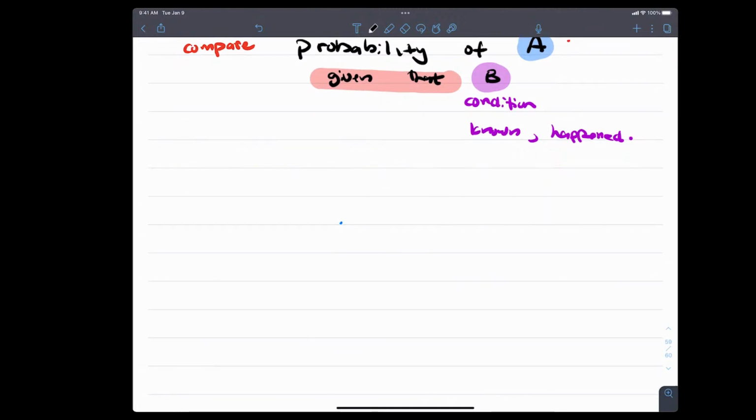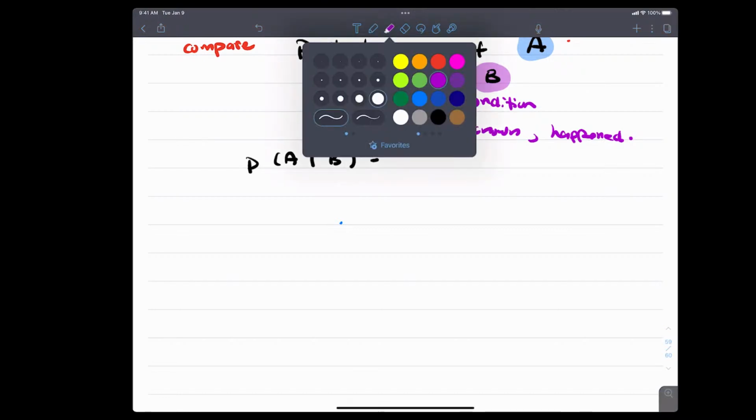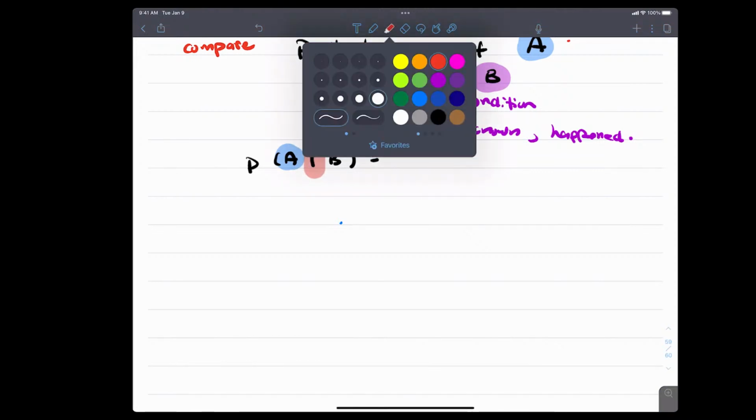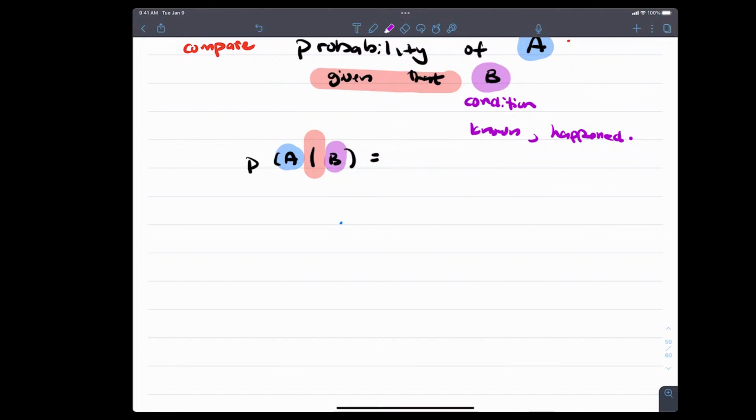So for example, here are the symbols that we use. Probability of A, and this vertical line means what? Given that, and then what does this B be? That's your condition. That is known, that has happened.